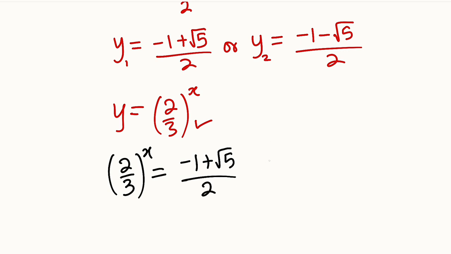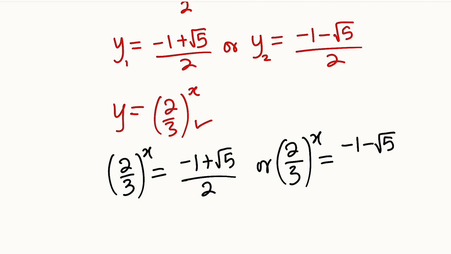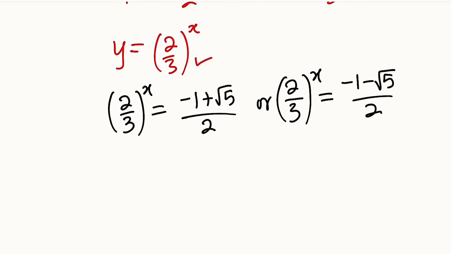And the other one, 2 divided by 3 to the power of x can also be equal to minus 1 minus square root of 5 divided by 2.